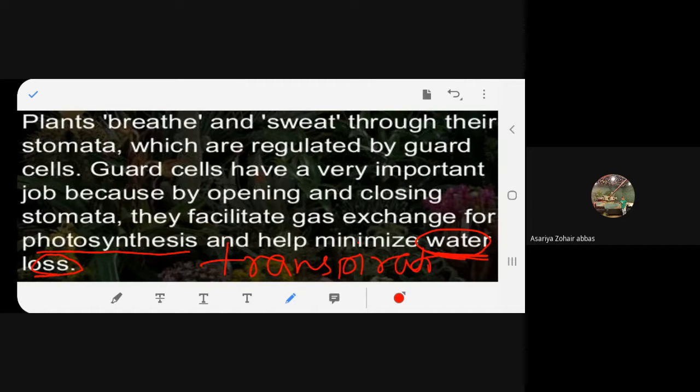Transpiration. For example, you are sitting under a tree during summer. You feel very pleasant, you feel cool when you're sitting under the tree. Why? Because the leaves are losing water. And when there's a breeze, you feel that cooling effect.